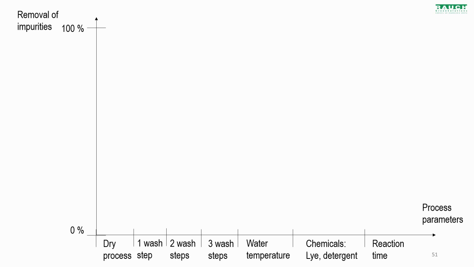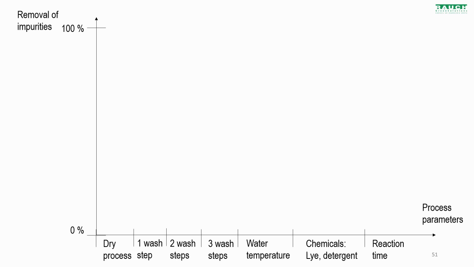And last but not least, that you also know from the program of your washing machine, the dirtier it is, the longer it takes. So it will take more time to make this reaction time, to have this wash time, in fact.